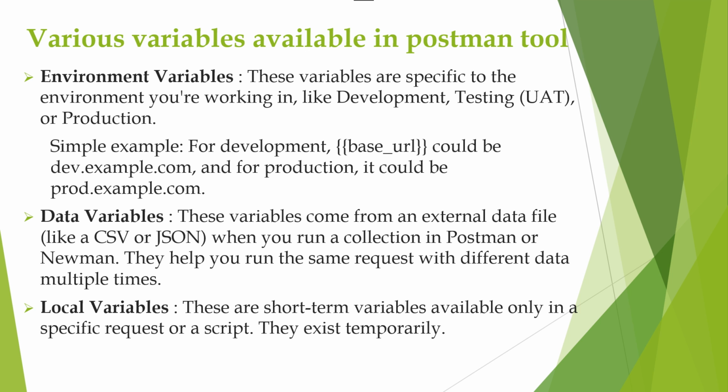They exist temporarily. For example, if you need to store a value during the execution of a request and use it immediately, you can set a temp value in one request script, but it won't be available in the other requests. These are some of the variables that are available in the Postman tool.